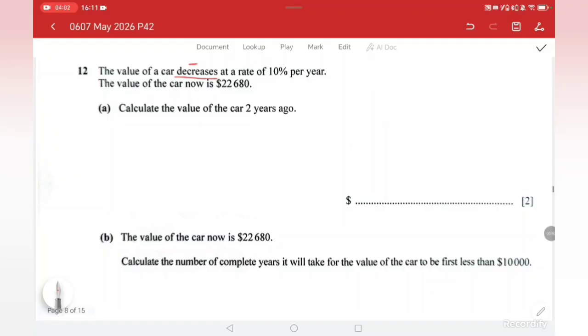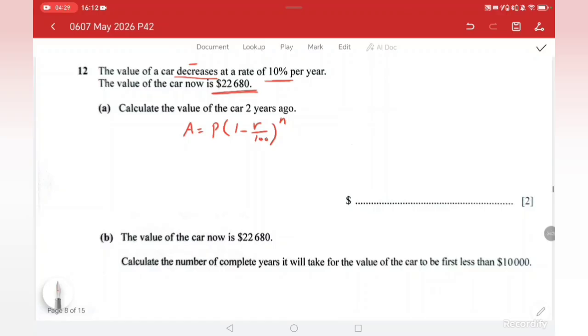So when you write the formula for this question, take care that it's negative. You write A equals P times 1 minus R over 100, to the power of N. The value of a car decreases at a rate of 10%, so this is our R. The value of the car now is this one. Calculate the value of the car after 2 years.